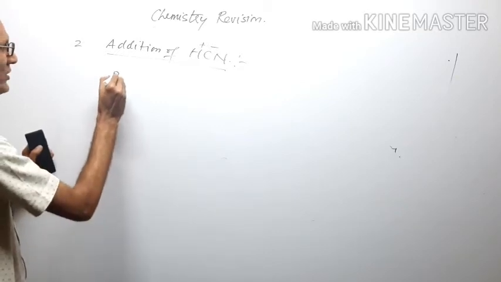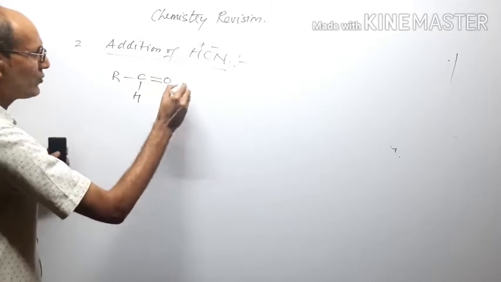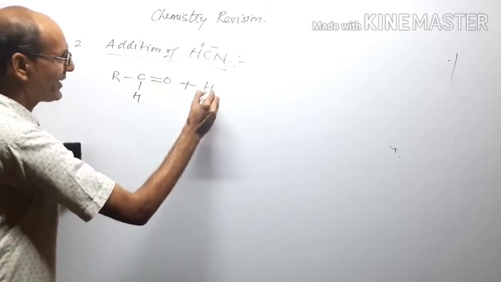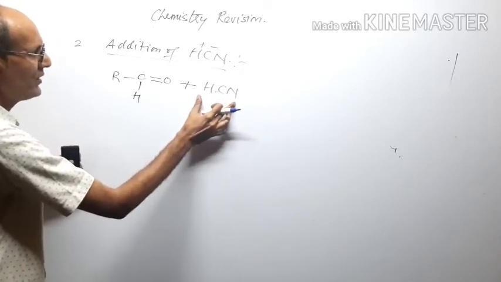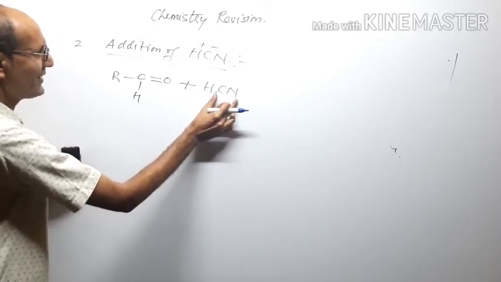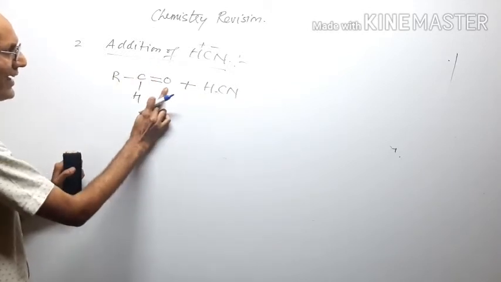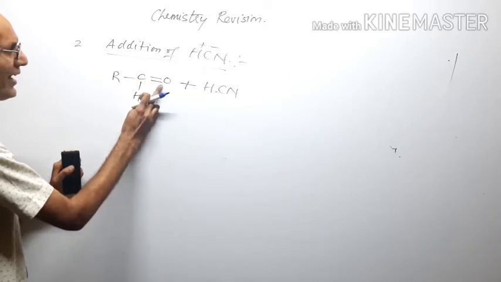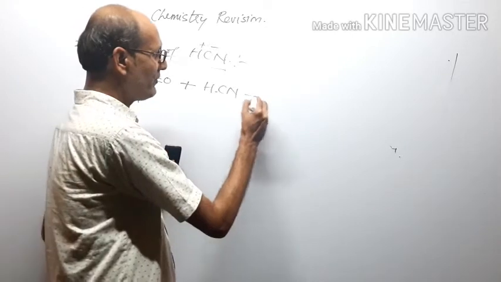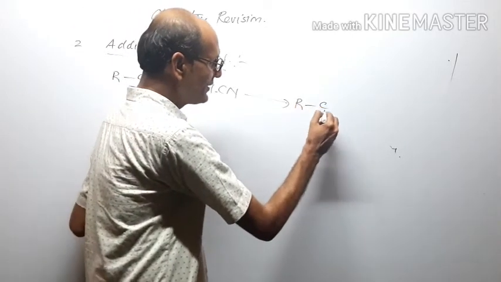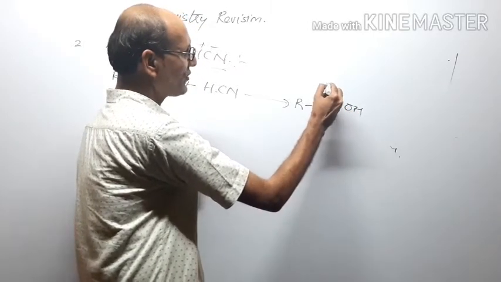This is an aldehyde, R single bond C, single bond H, double bond O. So addition reaction will take place, and from hydrogen cyanide we are going to add the cyano group, that means CN negative will attack this carbon, and H will attack the oxygen. The bond between the carbon and oxygen will be converted into a single bond. So the product will be R single bond C, single bond H, single bond OH, single bond CN.